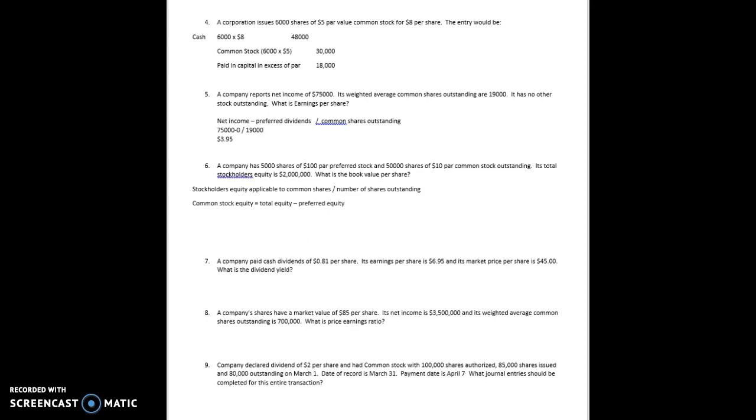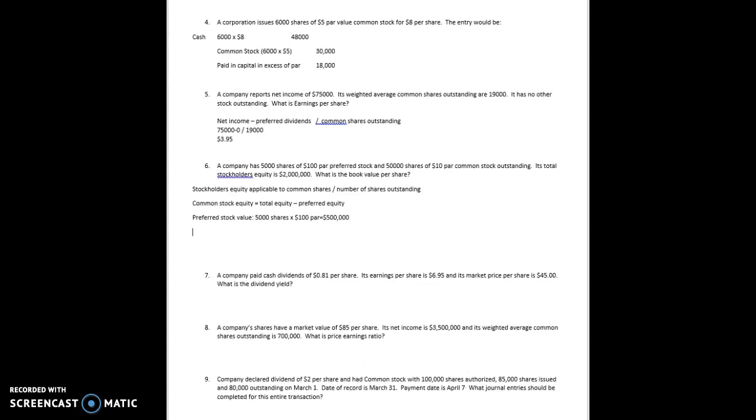All right, so let's look at that. So we have preferred stock of 5,000 shares times a par value of $100 per share. So we have preferred stock of 500,000.